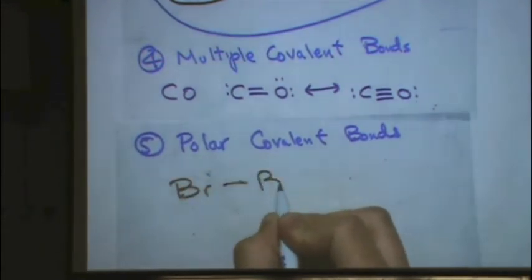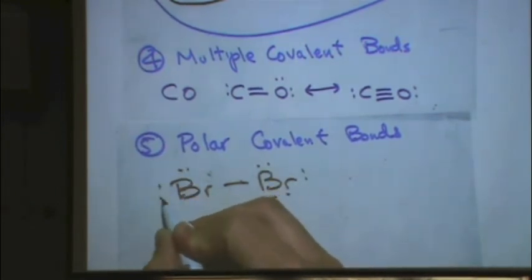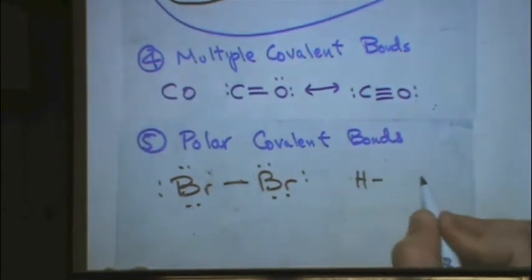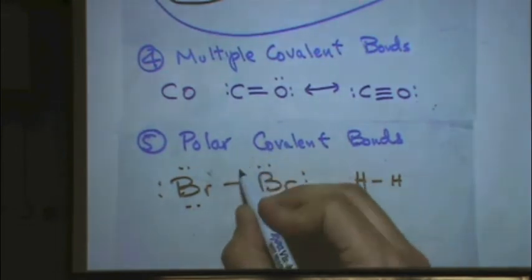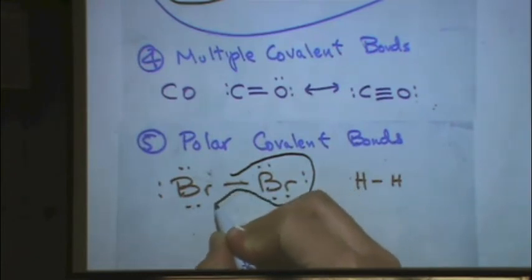And so let's, for example, take a look at bromine. This would be the Lewis structure for Br2. Or if you look at H2, this would be the Lewis structure for H2. And I'm going to draw bubbles around them representing the locations of the electrons. What's bigger, bromine or hydrogen?